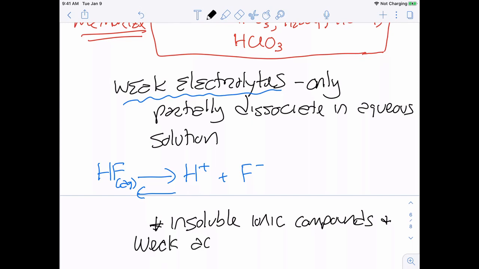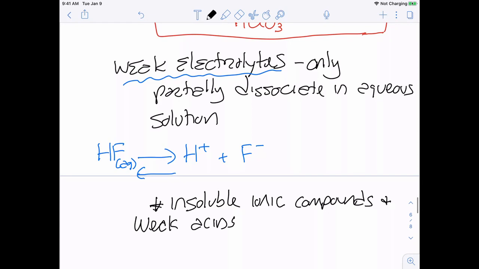The easiest way to recognize whether an acid is weak or not is to memorize your strong acids. If it's not a strong acid, then it's going to be a weak acid. We could actually add weak bases to this. Many weak bases are going to be molecular. Our strong bases are actually ionic, so you can use the solubility rules to determine them. So insoluble ionic compounds, weak acids, and weak bases.